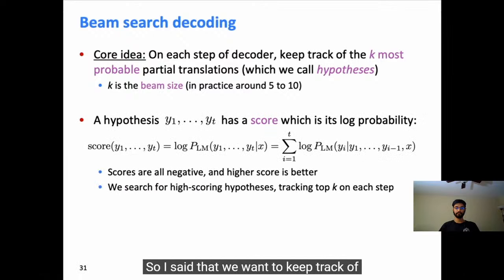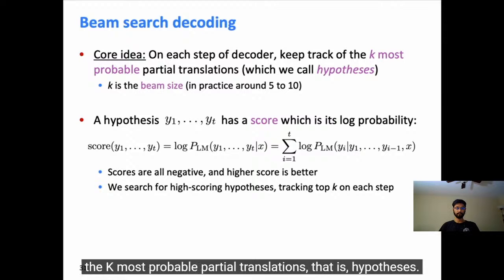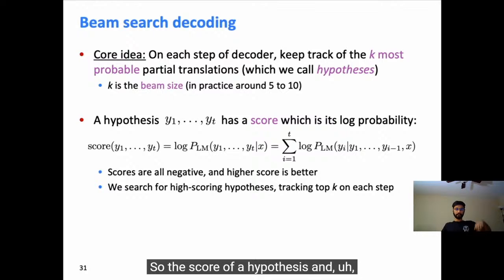So I said that we want to keep track of the k most probable partial translations, that is, hypotheses. This means that we need some notion of how probable this hypothesis is, or what its score is. So the score of a hypothesis, which we represent as y1 up to yt, is just its log probability.